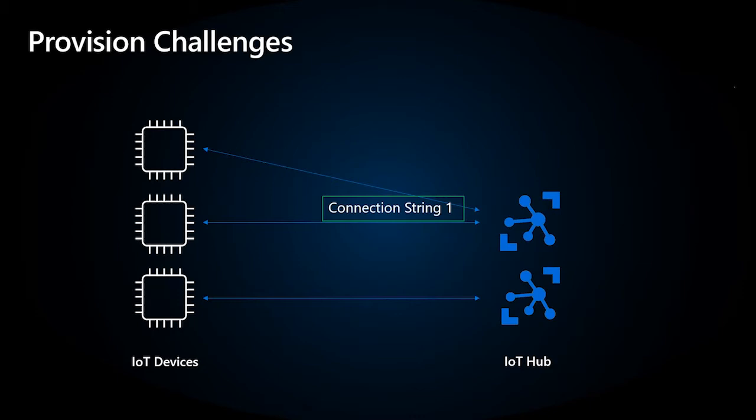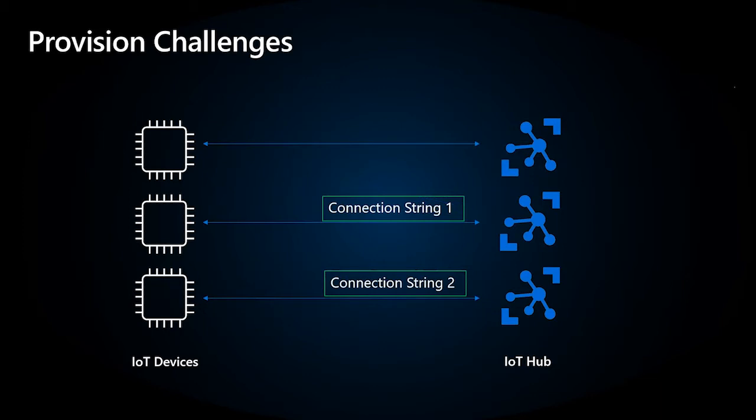You can see it's getting harder to keep track of these multiple devices and IoT hubs and which ones are assigned to what. So now you can see I have two connection strings connected to different devices. And then I have that third device and a new IoT hub, and they all have their own individual connection string to different IoT hubs.